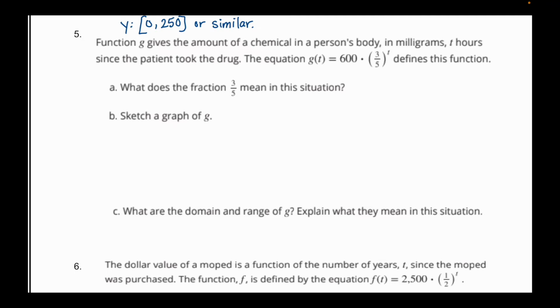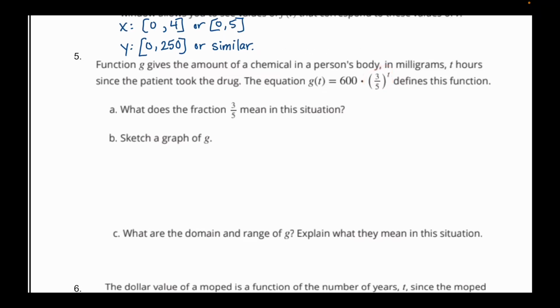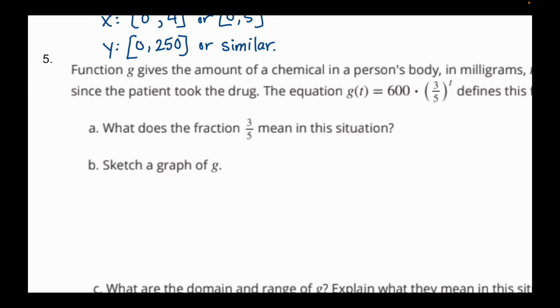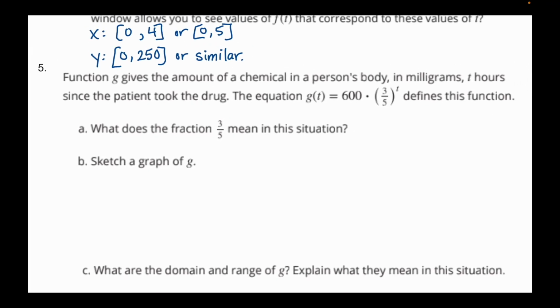So we have g representing the chemical, and t representing the hours. 3/5 is the growth factor here. When it is decreasing like this, because that number is less than 1, it represents how much is left after each interval. And so for us, that is 3/5 of the original dosage.